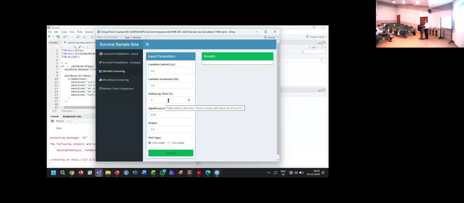Usually, top-level journals insist on being conservative, with a two-sided hypothesis. You know why two-sided? It is very unlikely to reject the null hypothesis when you take a two-sided hypothesis. Unless you are very specific that the treatment is going to benefit the patients, very strong about that, then it is a one-sided hypothesis.